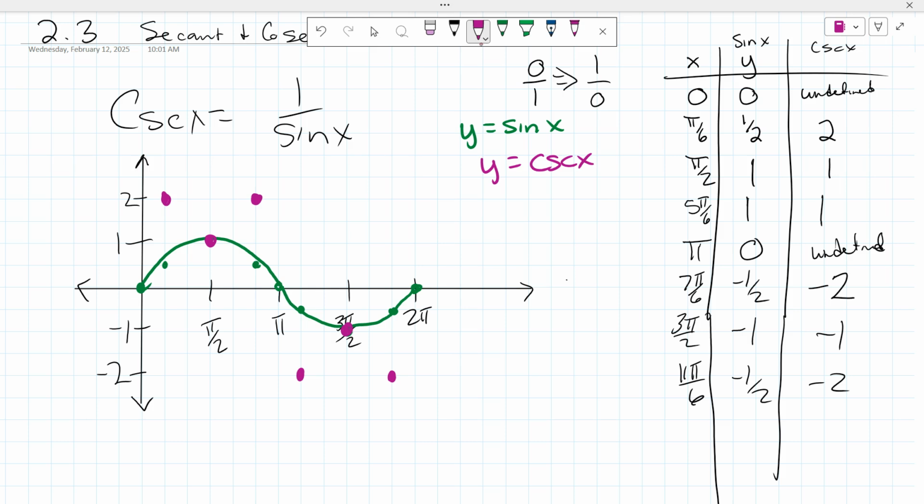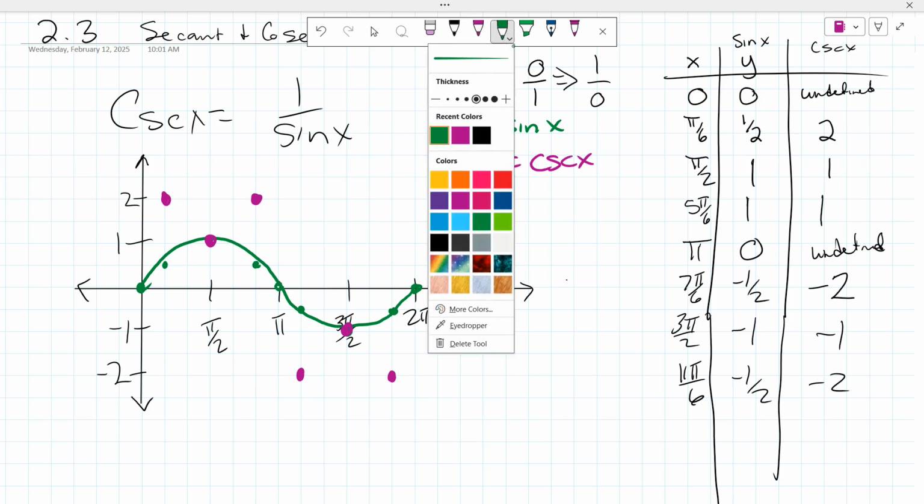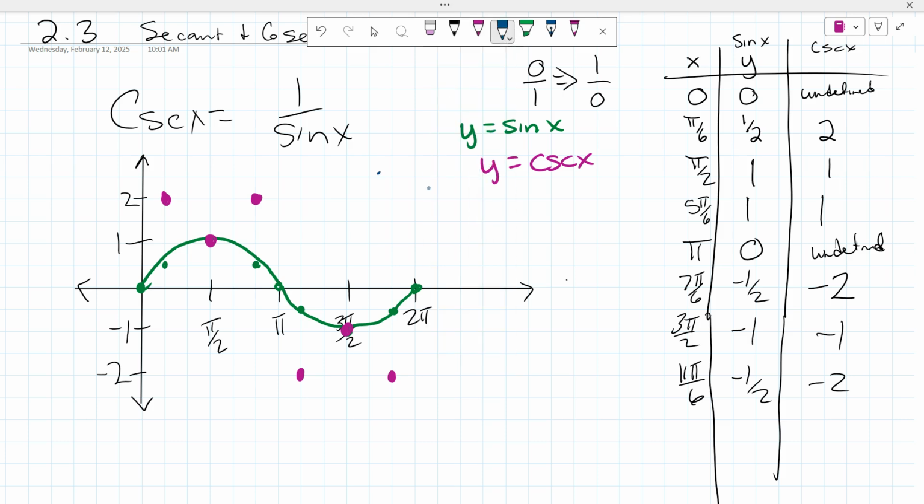And then at pi, I'm nothing. If you can't graph there, you have an asymptote. So we have an asymptote there, an asymptote there, an asymptote there. So what do your graphs look like? Well, they kind of look like parabolas.